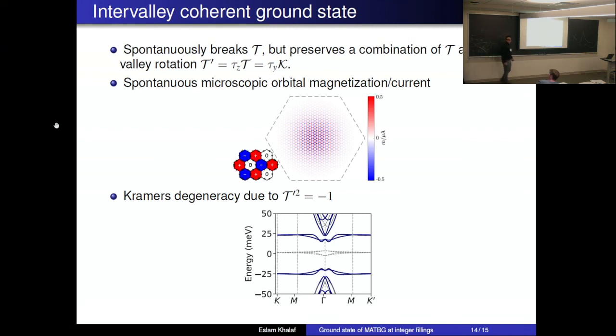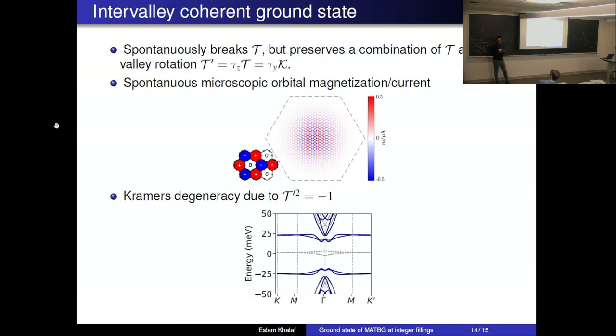I have maybe one quick question. You showed that with your method you get the IVC, intervalley coherence. From the experimental data you showed in the beginning, was it clear that this is the phase experimentally? No, it's not clear. At charge neutrality, only one group sees an insulator. The other people don't see an insulator.